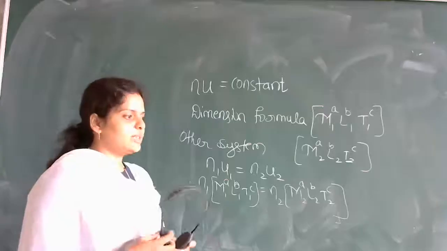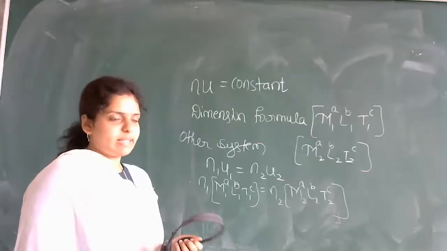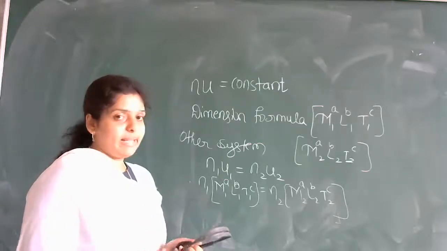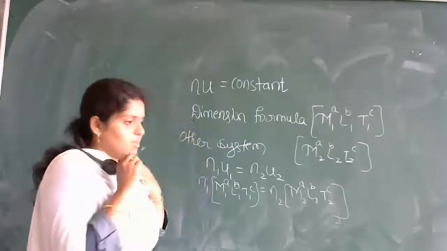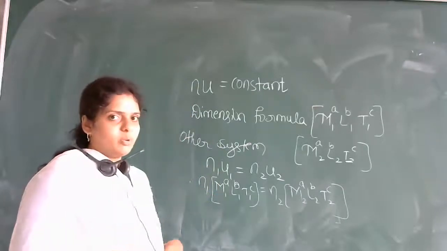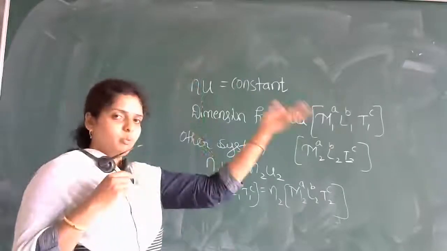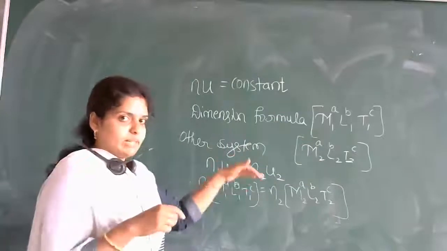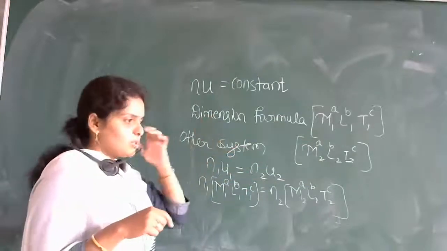Okay, you focus till the end. If you have any doubt, once again I'll explain. Okay, you see the example. This is just how to get the formula we are doing. You focus more on the example I'll solve next. This one, I hope you understood a little at least.